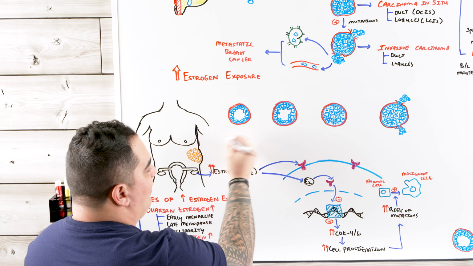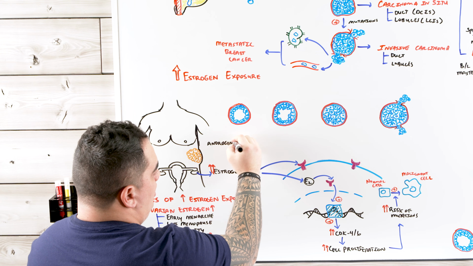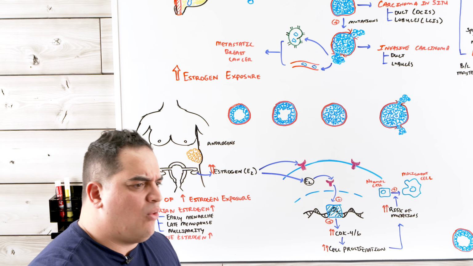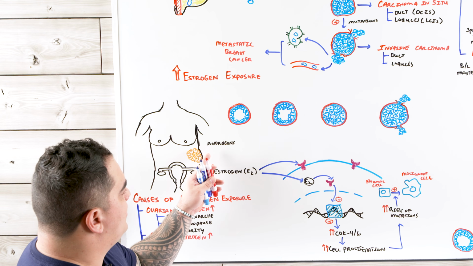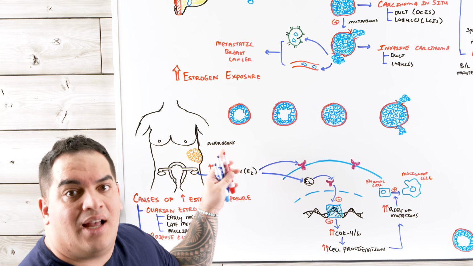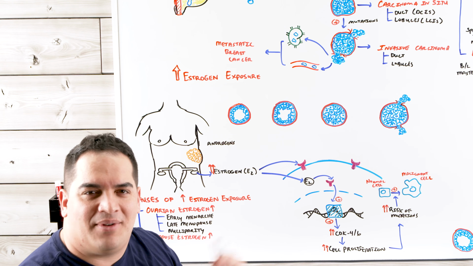So normally we have different hormones that our body makes. One of them is called androgens. This can happen also in the adrenal cortex too, but androgens are things like testosterone, dihydrotestosterone, androstenedione, dehydroepiandrosterone, all of these different types of androgens.